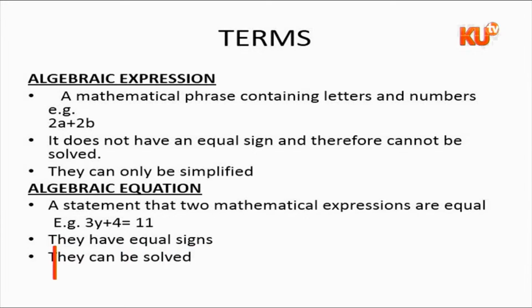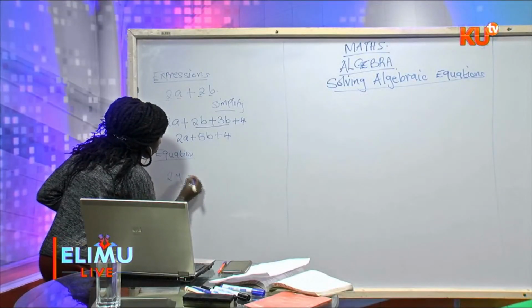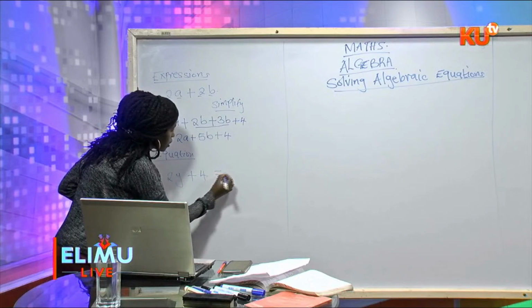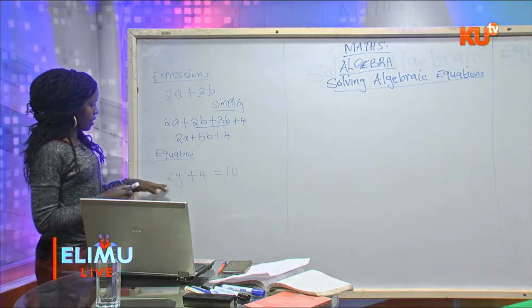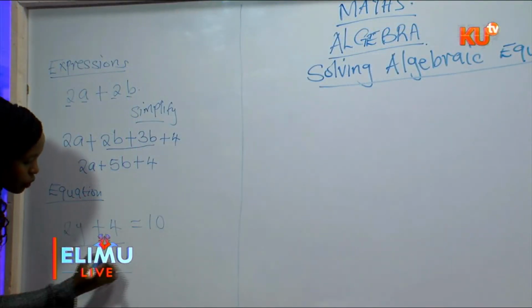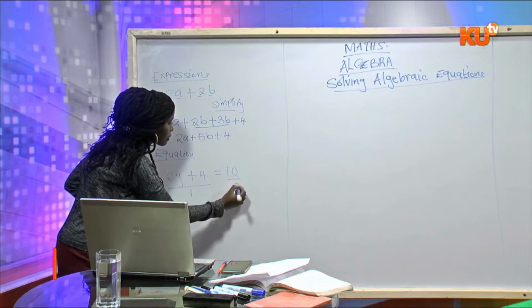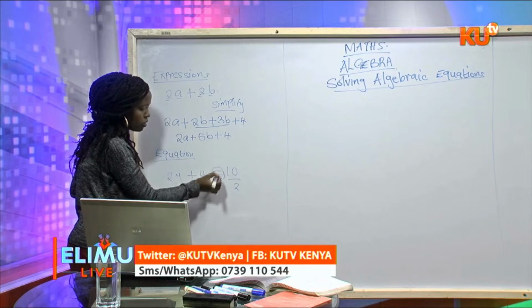For example, 2y plus 4 is equal to 10. So these are two mathematical expressions that are equal. This is expression number 1 and this is expression number 2, and they are equal. That's why we have the equal sign.